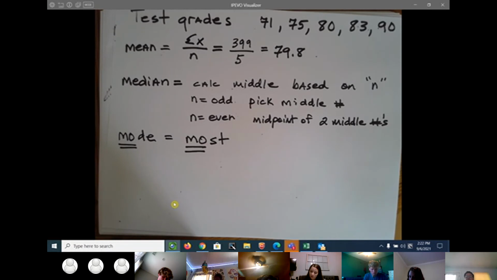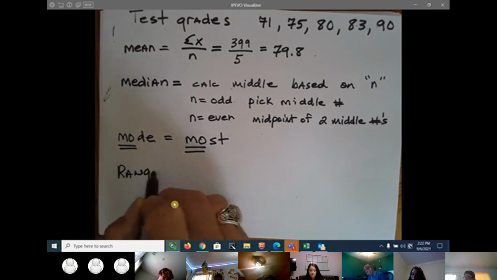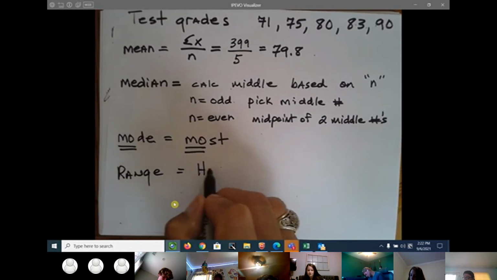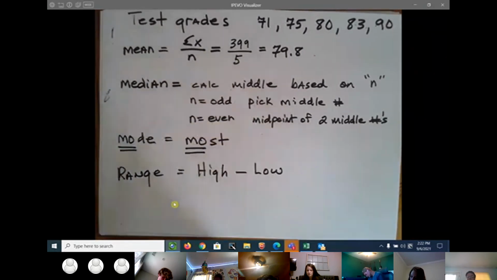Monomodal, bimodal, trimodal, polymodal. So you could have more than one mode. Range is equal to the highest number minus the what? The highest number minus the lowest number.